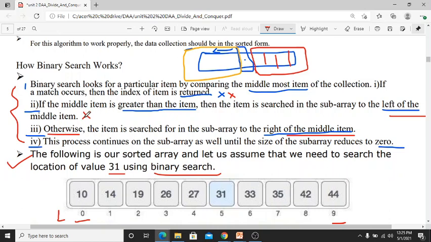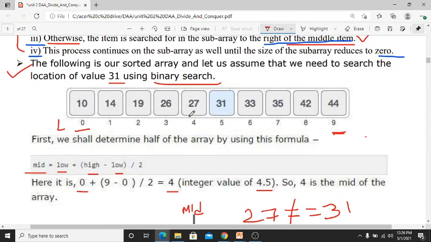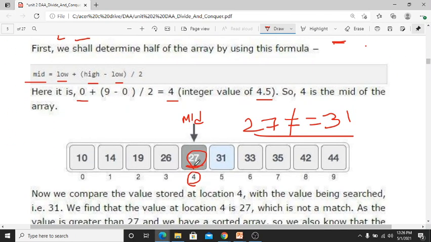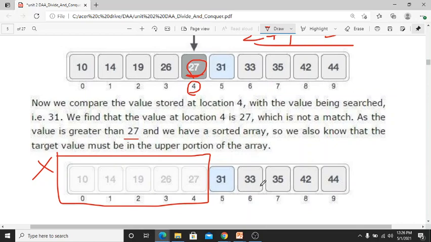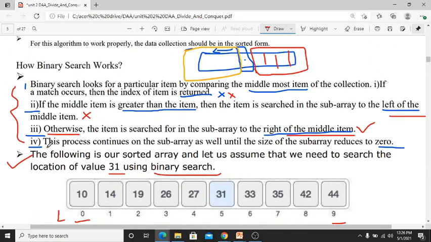Otherwise, we need to go to the right side of the middle item. Our middle item is 27 for now, so we need to check at the right hand side. Next step: this process continues on the sub array until the size of the sub array is reduced to 0.